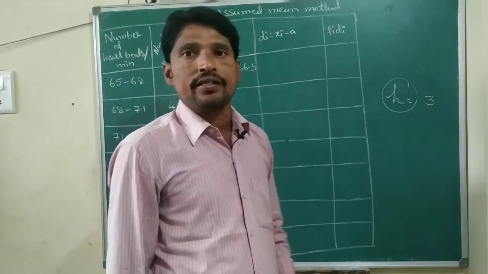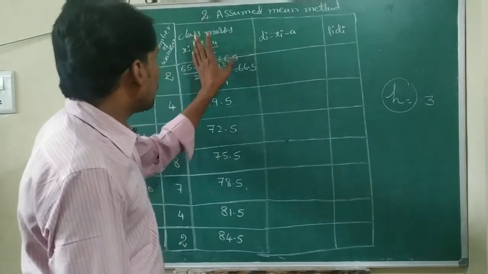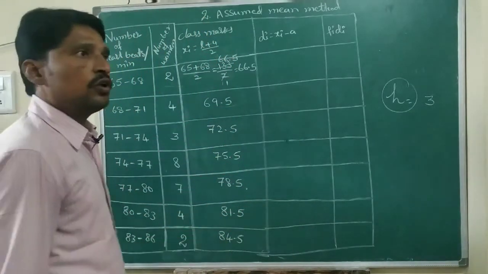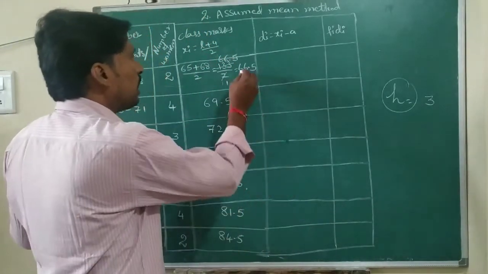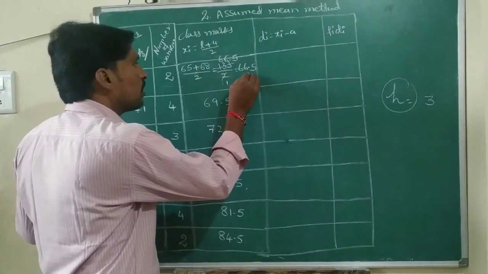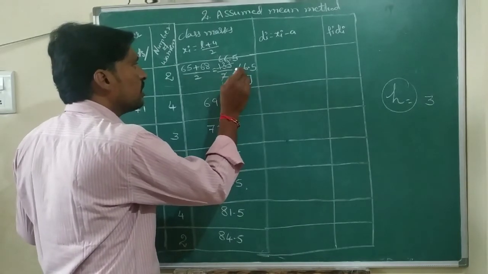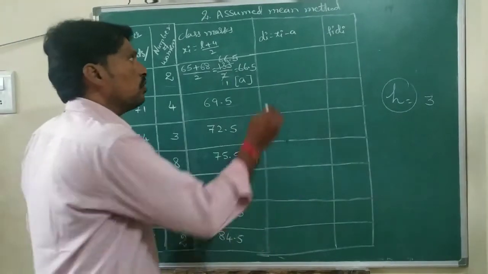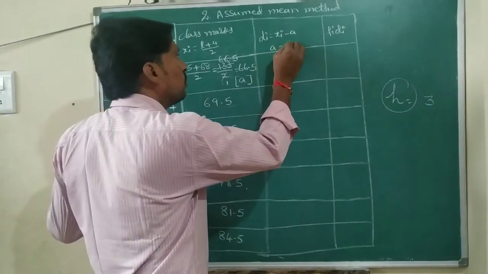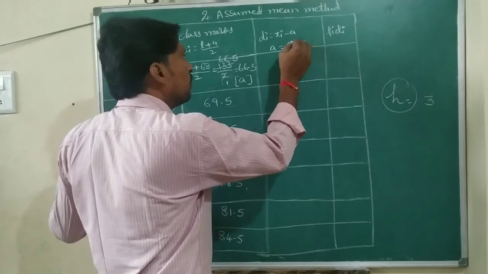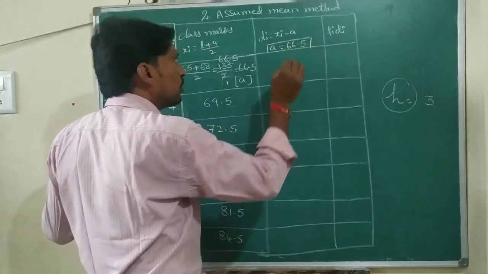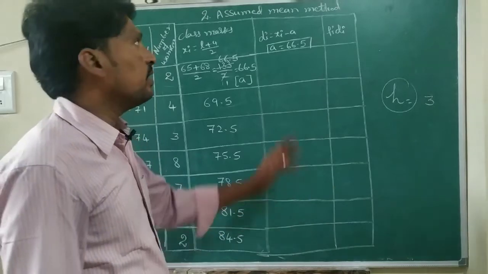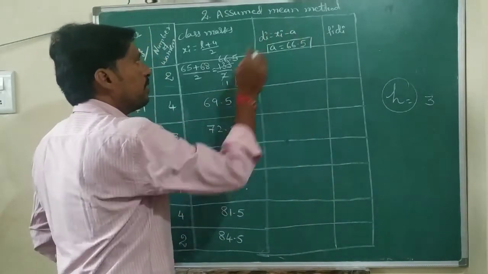di equals xi minus a. In the class marks we are assuming one value, that is a. I am assuming the first class interval's class mark, 66.5, as a. So I am writing a equal to 66.5. The di value is xi minus a.